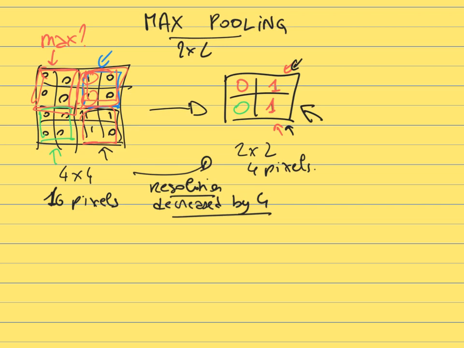So that's an important ingredient of convolutional neural networks, because it reduces the risk of overfitting and makes the training of the model more efficient.